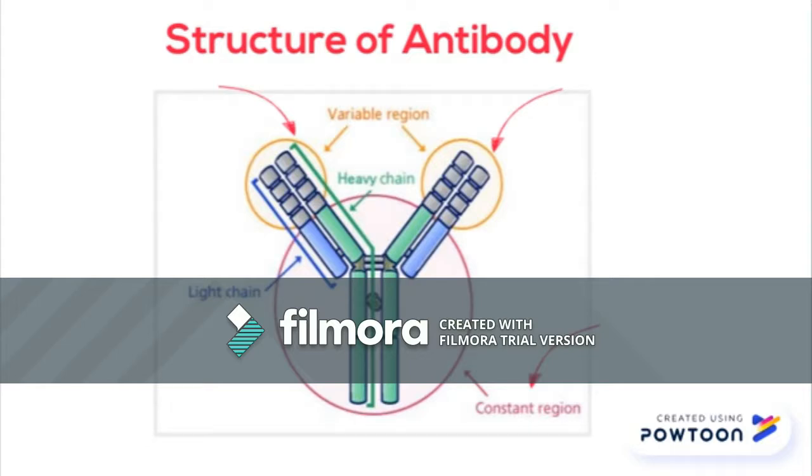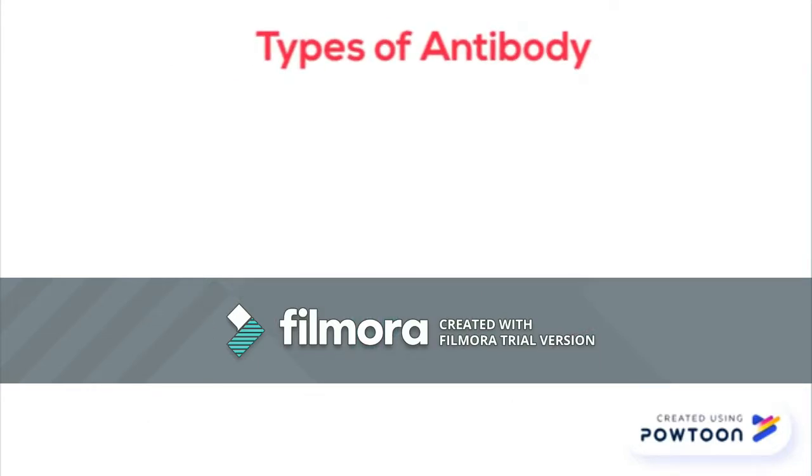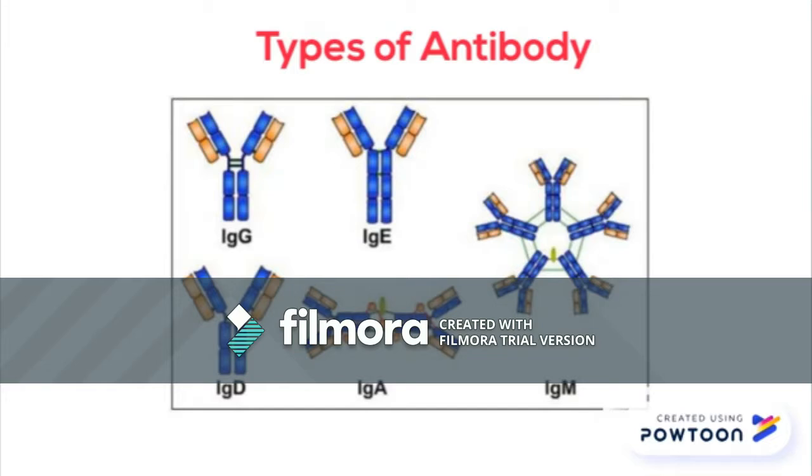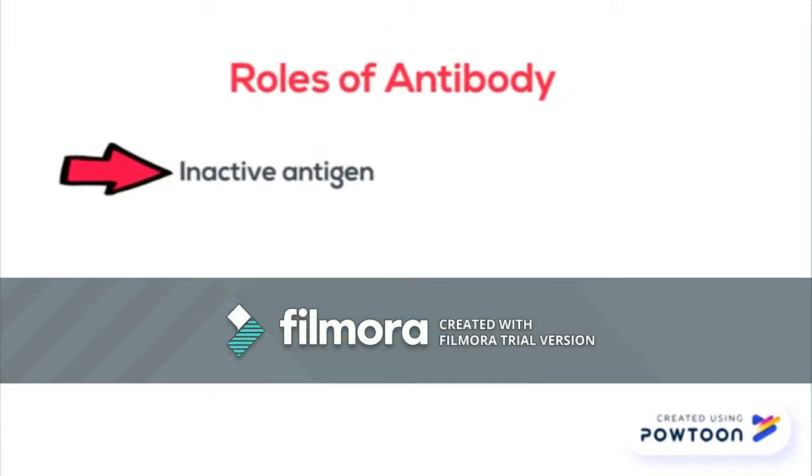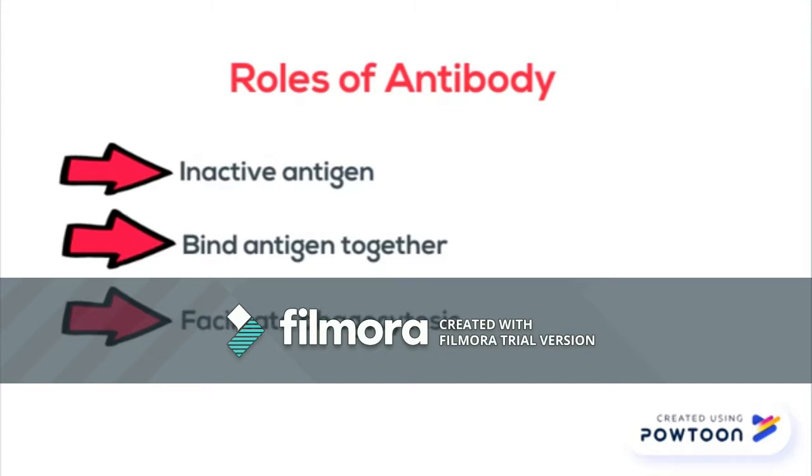The molecule is made up of two identical heavy chains and two identical light chains. There are five types of antibody: IgG, IgE, IgD, IgA, and IgM. There are three roles of antibody: inactivate antigen, bind antigens together, and facilitate phagocytosis.